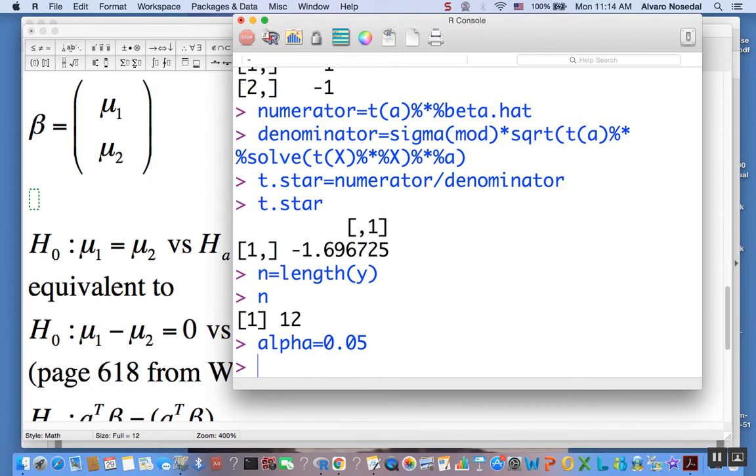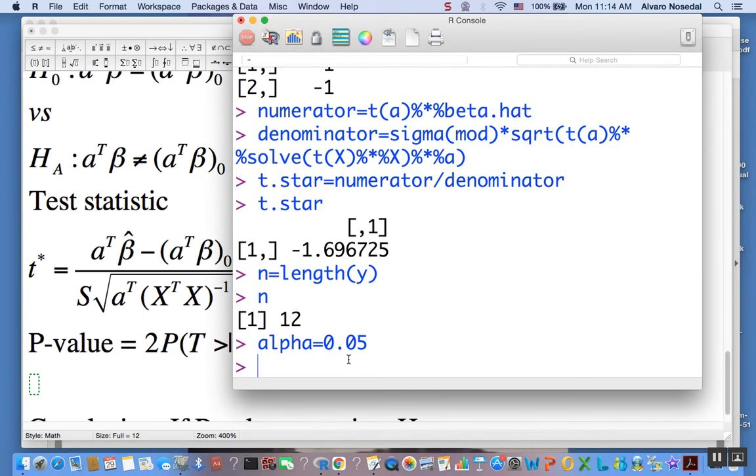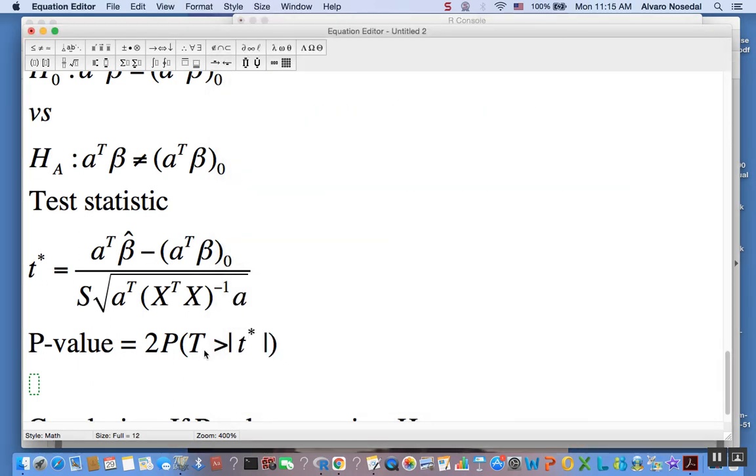We have the expression here. In this case, it's 2 times the probability that a t-distribution with the right number of degrees of freedom, in this case n minus 2, so 10 degrees of freedom, is greater than the absolute value of our t star.